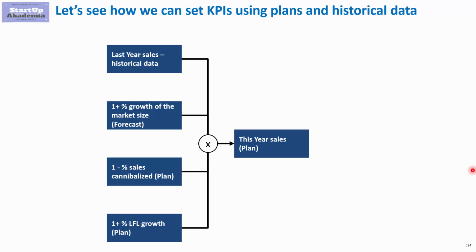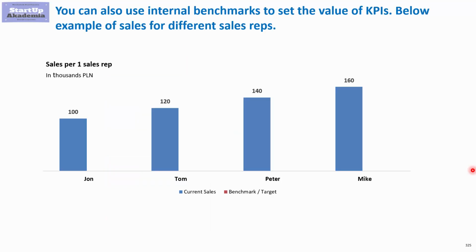Now let's move to a third example where we would look at how you can use internal benchmarks. So imagine that you're working for a B2B company which uses sales reps and has the following results. So they have 4 sales reps and here we've got the results, so how much they sell per person. And what we want to do is obviously set goals for the new year. So we would use as a point of reference the best sales rep, who is generating 160,000 in sales per year.